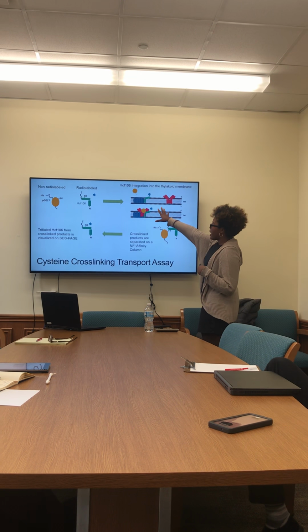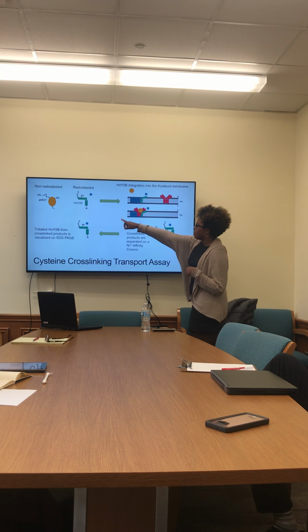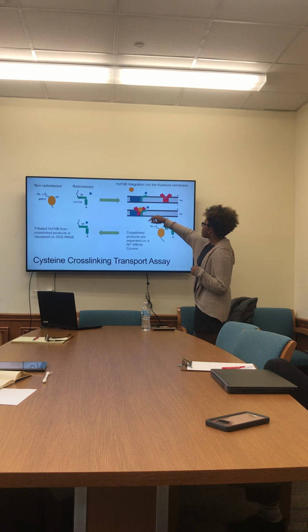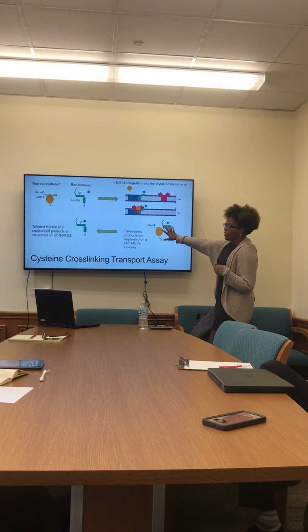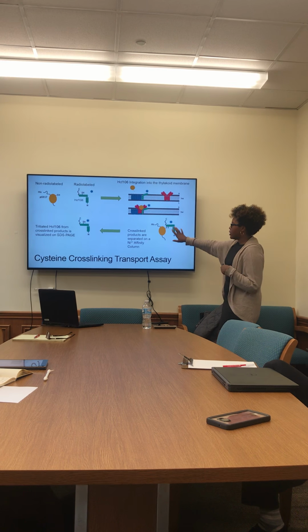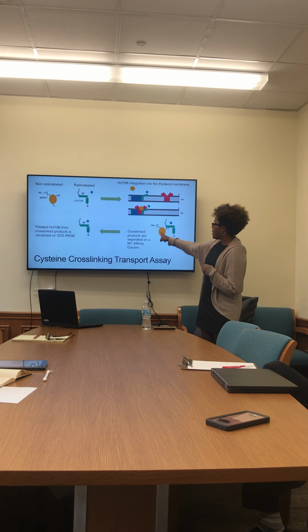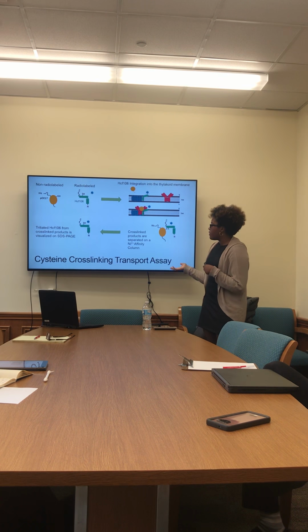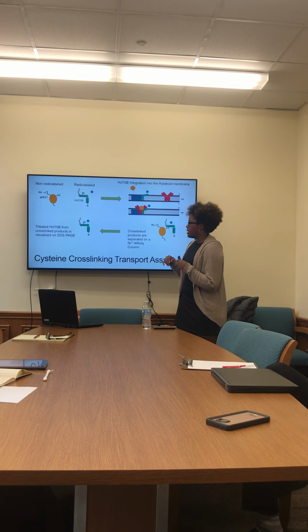Then I'll do a transport assay. With radiolabeled HCF106, I'll add my oxygen evolving complex. During transport, I'm hoping to get a cross-linked product if they're in close proximity to each other. On oxygen evolving complex, I have a histidine tag, and I use a nickel affinity column to pull that down, isolate it, and look at it on SDS-PAGE.